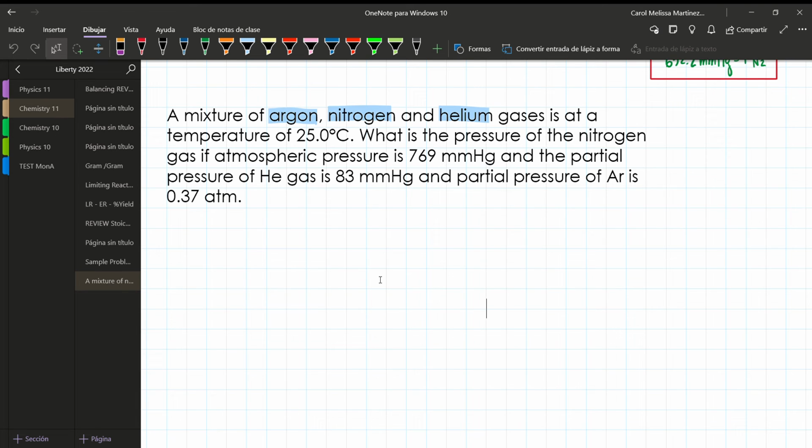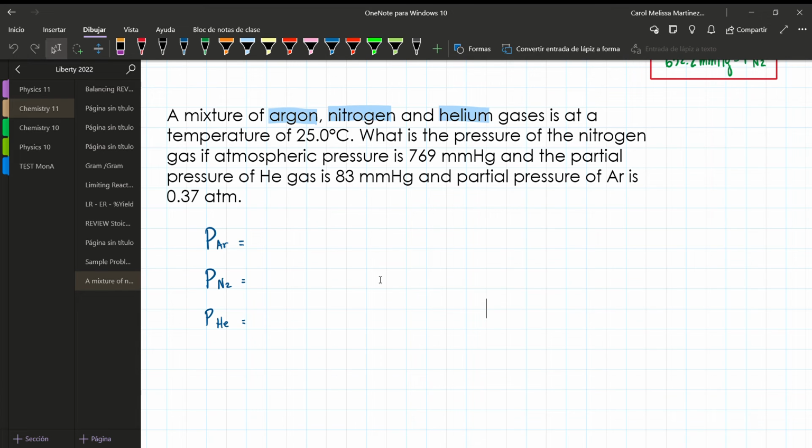I'm going to have, therefore, the pressure of my argon, the pressure of my nitrogen, and the pressure of helium. Because this problem doesn't say that it's collected over water, you are not going to consider water vapor here, just the gases that are mentioned in the problem.